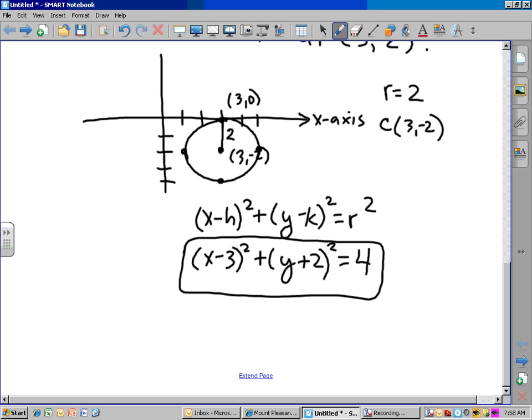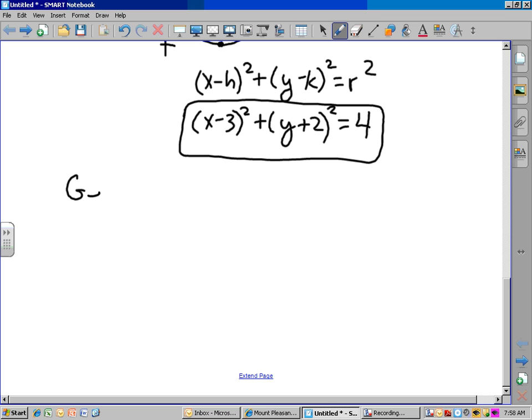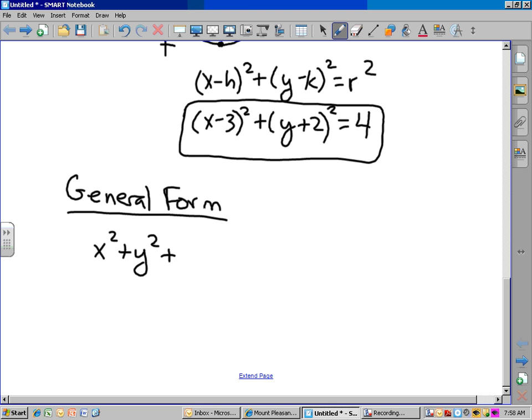All right. Now there's another form called the general form. The general form is x squared plus y squared plus dx plus ey plus f equals 0. And we could have used a, b, and c. The variables really don't matter.